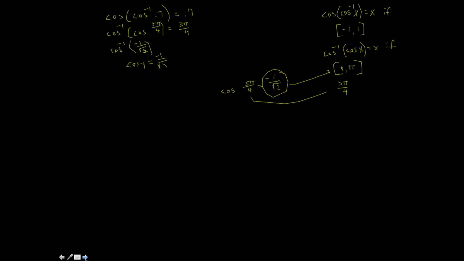All right, so here's one like we had last time that I think I may have been a little confusing on. And it's this one: the sine of the inverse cosine of negative 1/3.